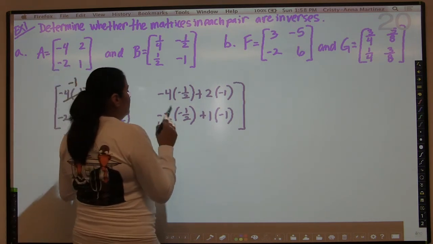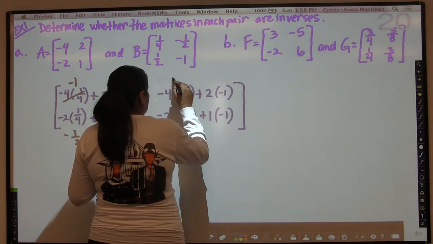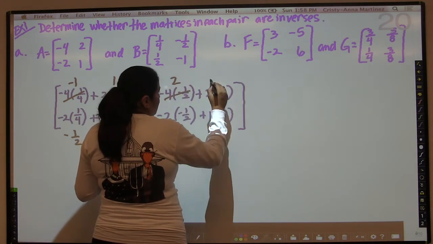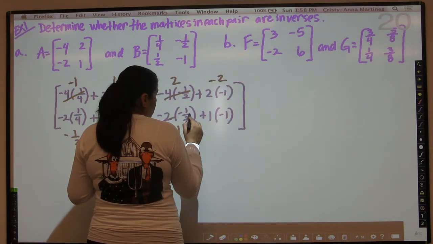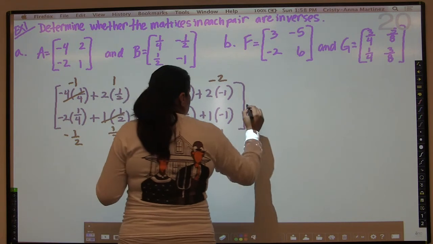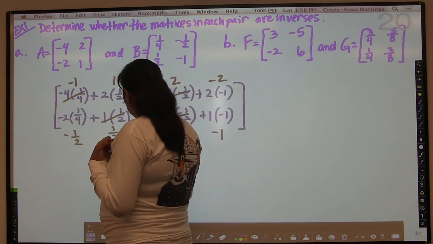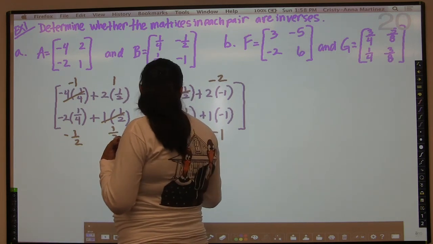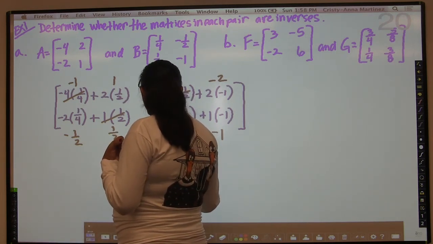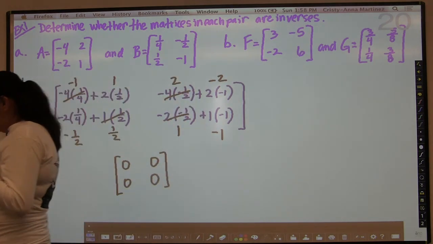Over here, negative times negative is positive. 4 divided by 2 is 2. And then this is -2, +1, and -1. So when I add them together, 1 minus 1 is 0. 1/2 minus 1/2 is 0. 2 minus 2 is 0. And 1 minus 1 is 0. So basically I get 0, 0, 0, 0.